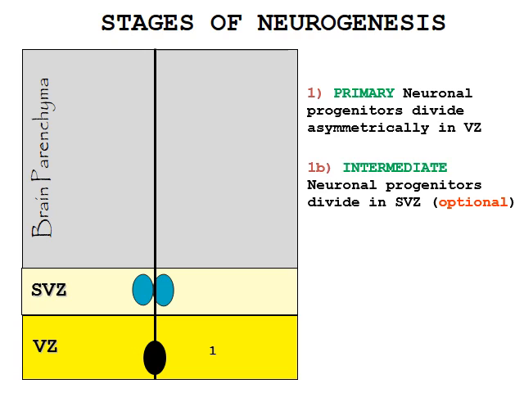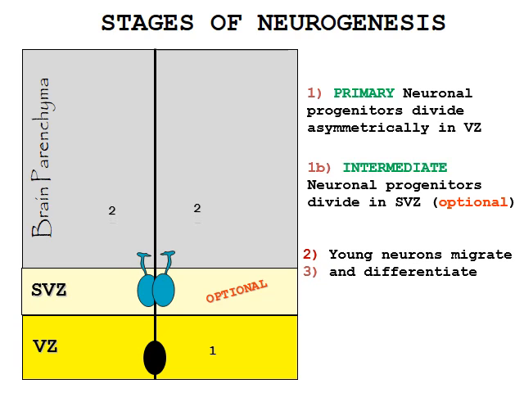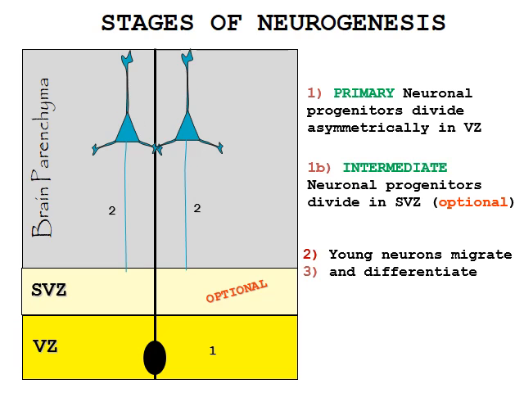But once they become post-mitotic, newborn cells then migrate to their final destination, where they differentiate into mature neurons.